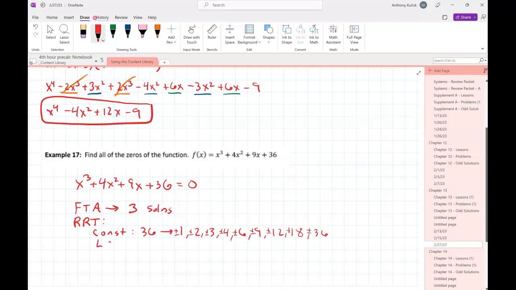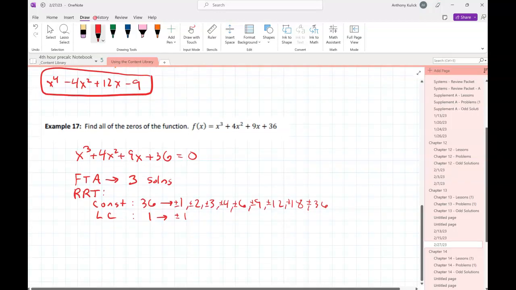And then I'll need the leading coefficient. What's the leading coefficient for this? For this polynomial, what's the leading coefficient? Not 3. That's the degree. 1. Well, that's nice. What are the only factors of 1? 1 and negative 1. Okay.